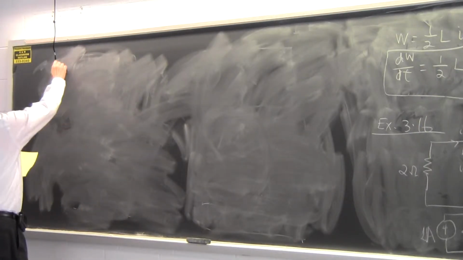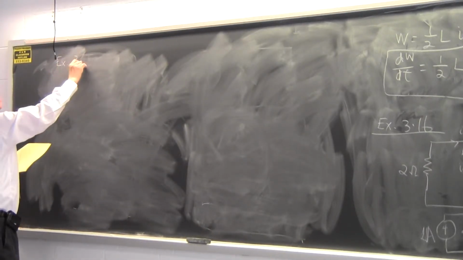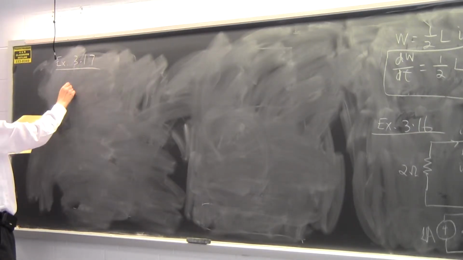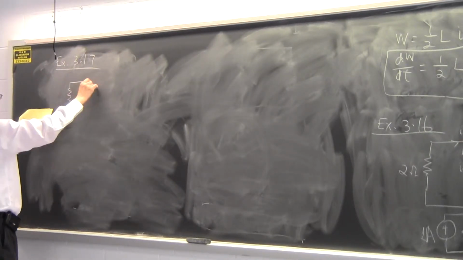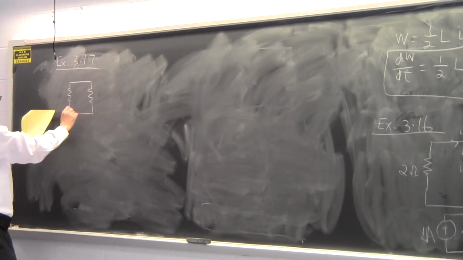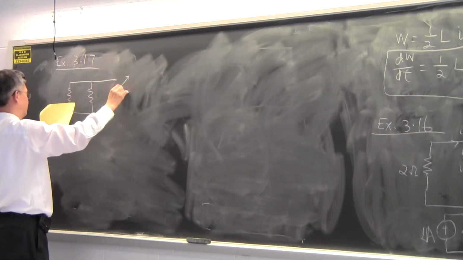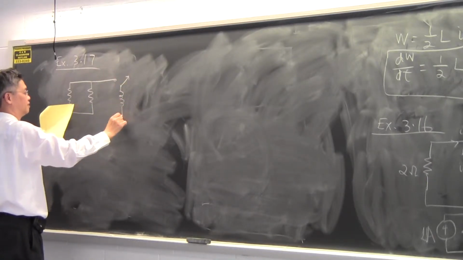So let's do example 317. Okay, and this is a tricky example. I think the textbook drew those switches wrongly.